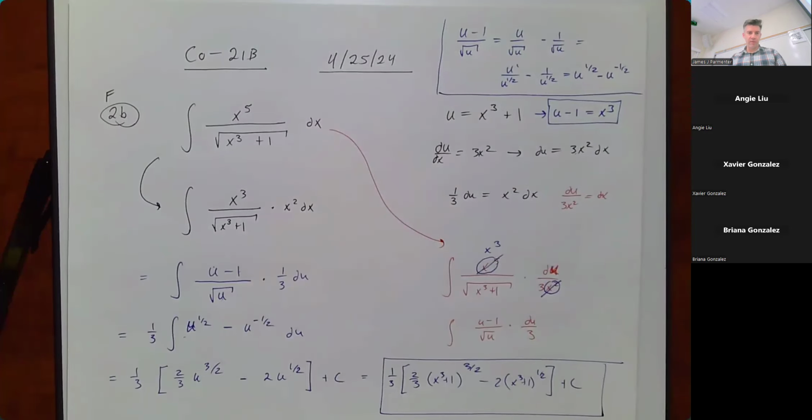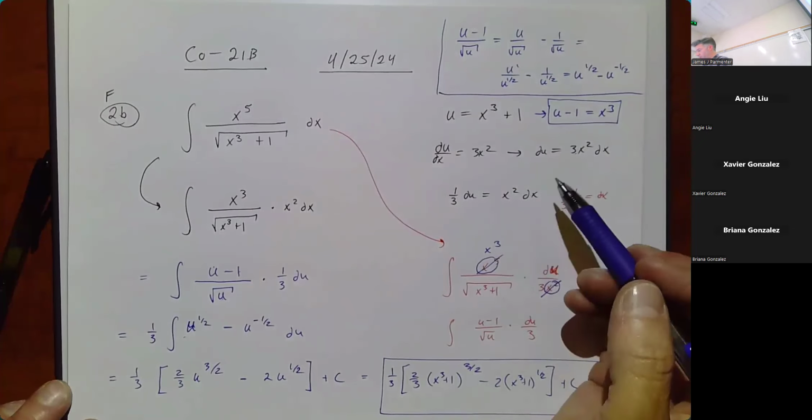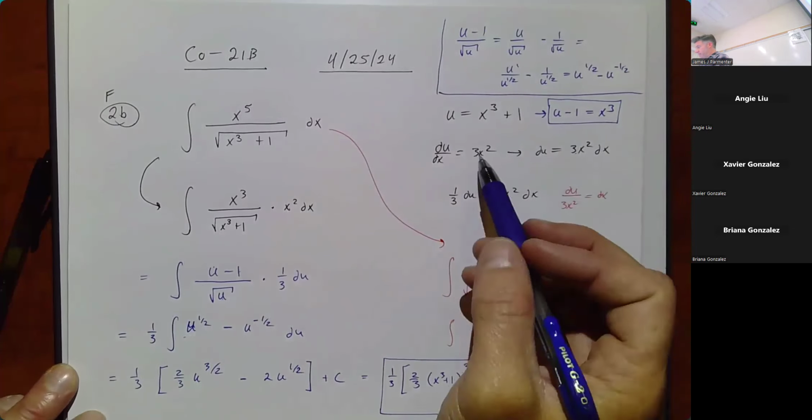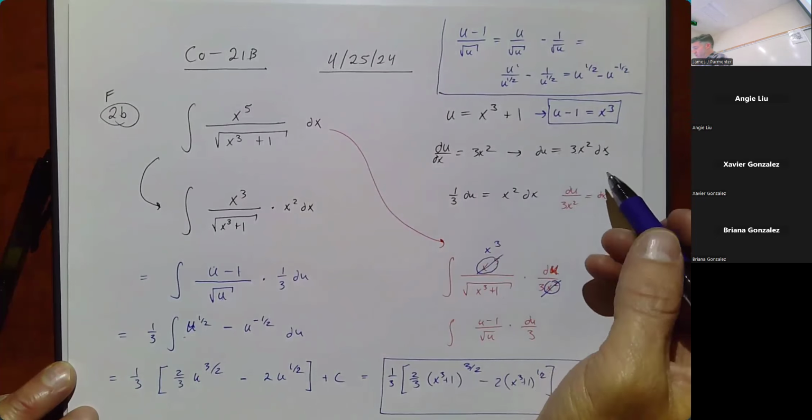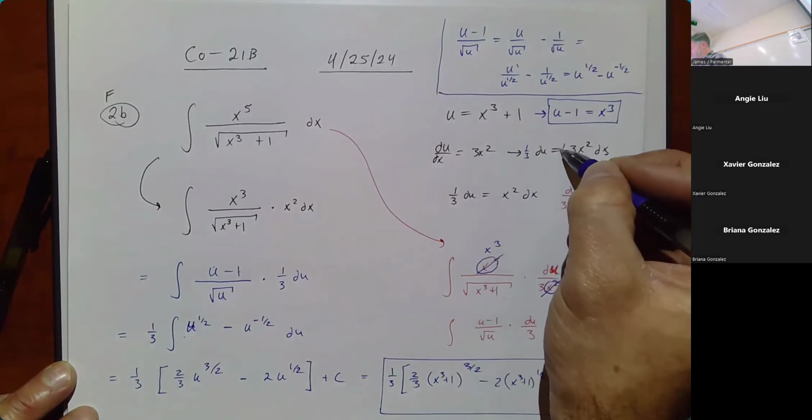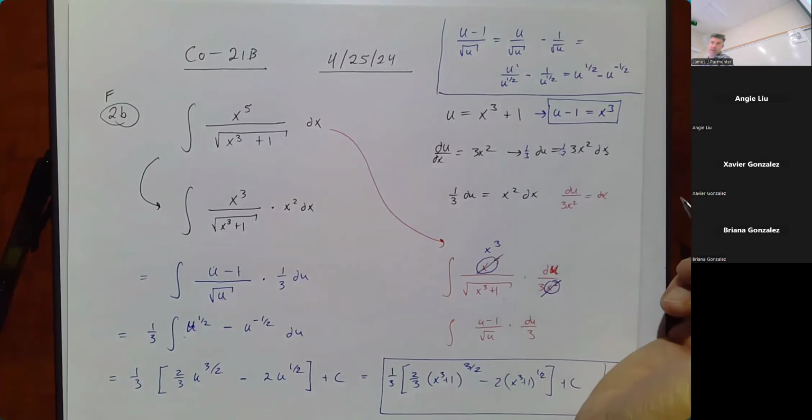Other questions about that one before we move on to the next question that was posted? So I multiplied 1/3, I think, right? Yeah. Sorry, so I had du equal to 3x squared dx, and I multiplied both sides by 1/3 to get a 1/3 du equal to 1/3 times 3x squared, and the 3's cancel on the right side.